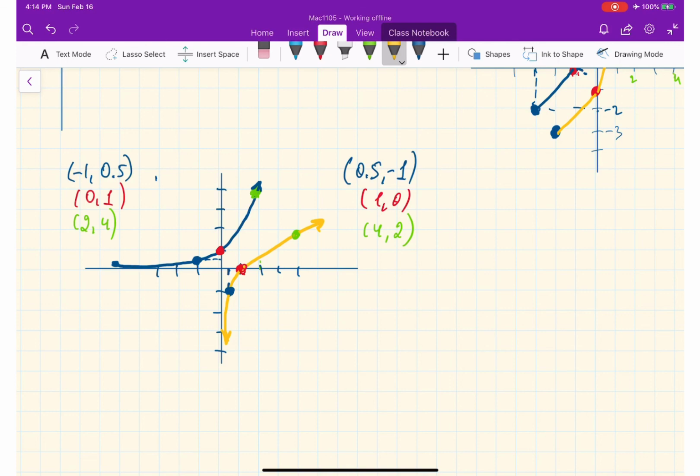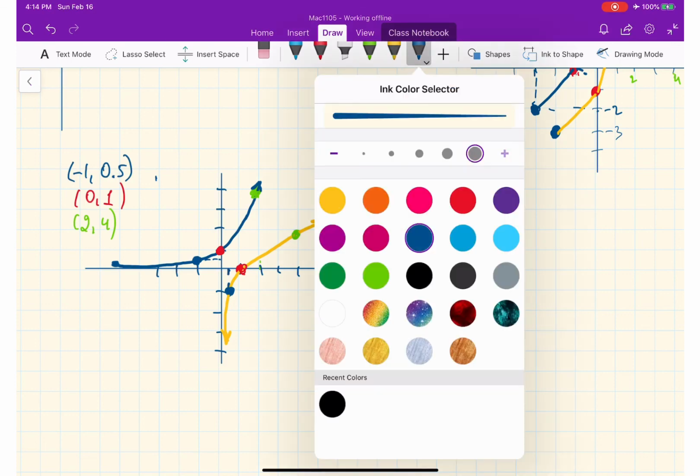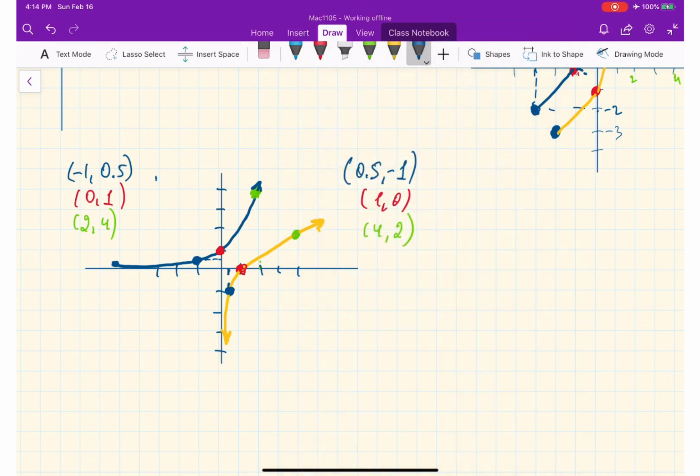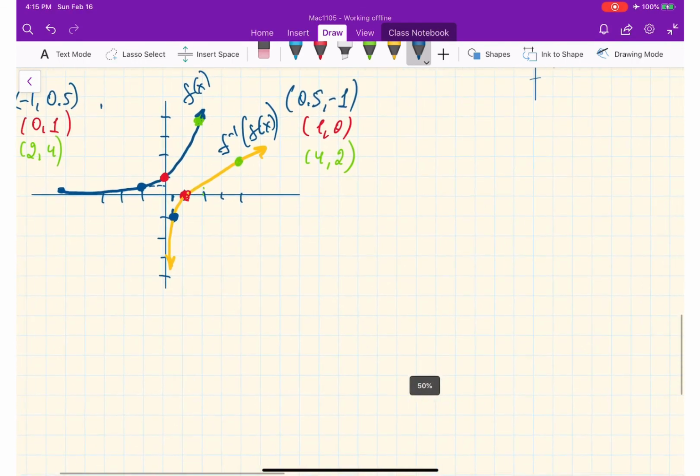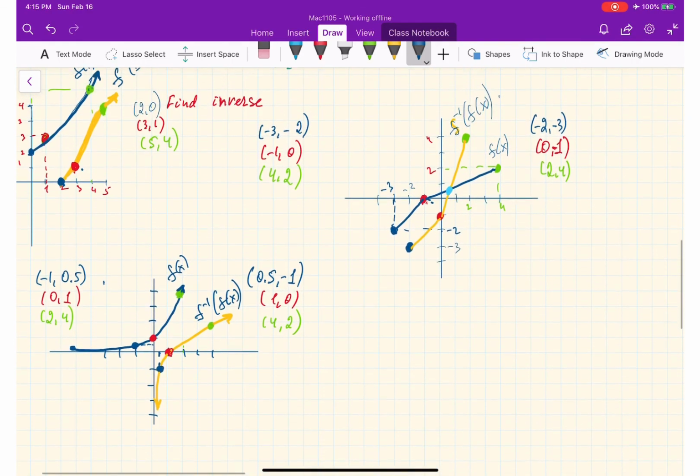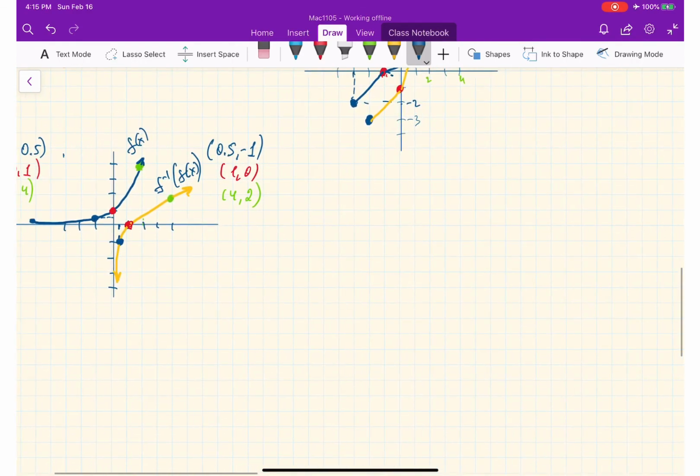Okay, so here we have f of -1. Here we have f of x and the inverse of f of x. One more. So you will see it's not always going to be symmetric. This is an interesting one.